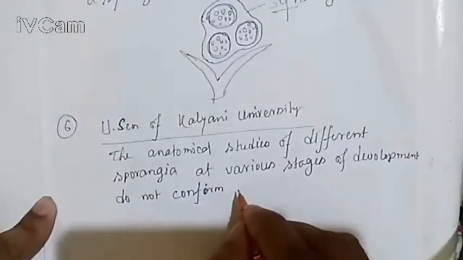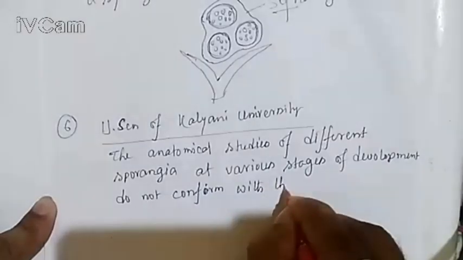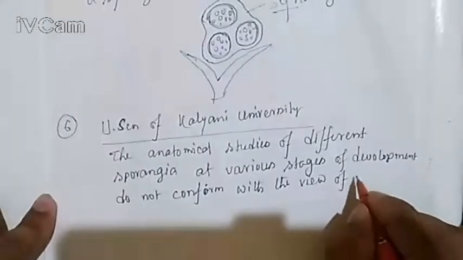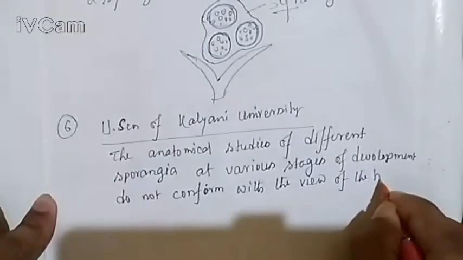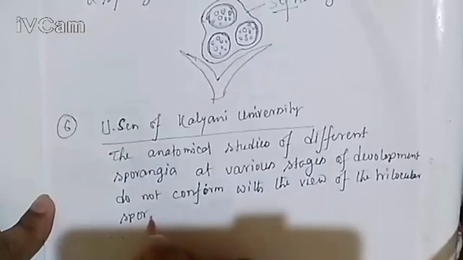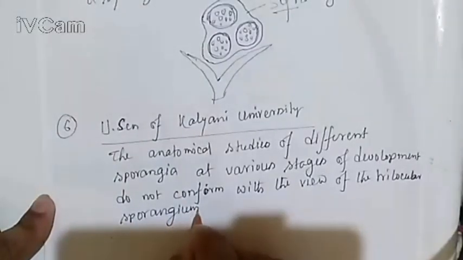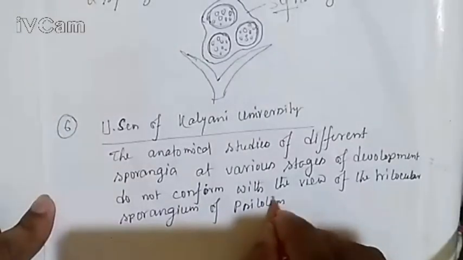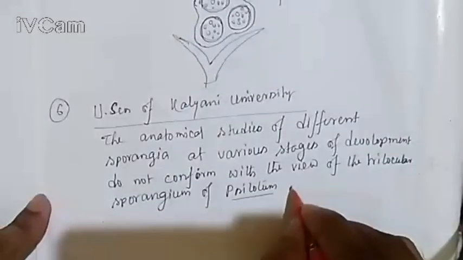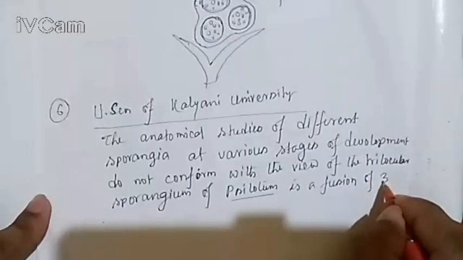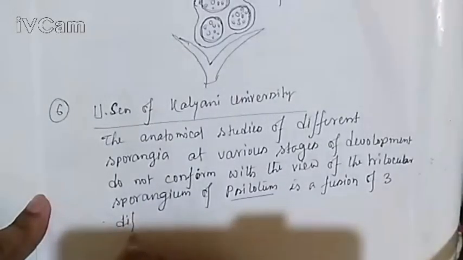with the view of the trilocular sporangium of psilotum is a fusion of three different sporangia.